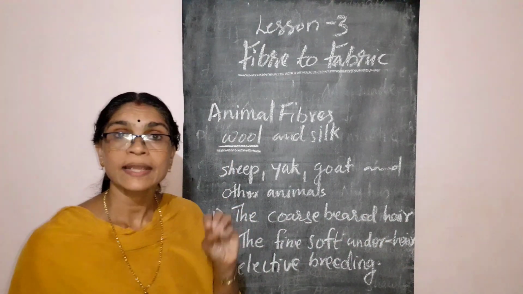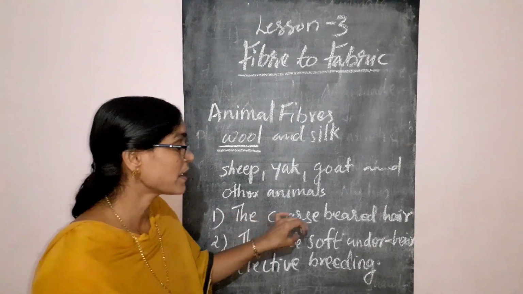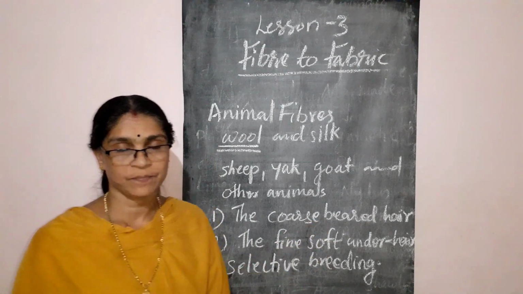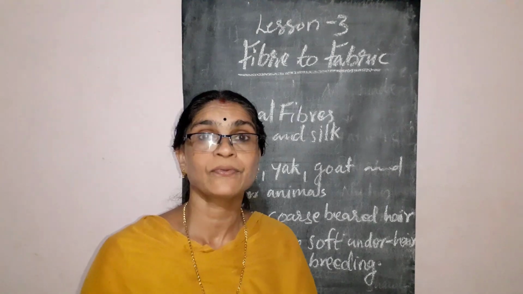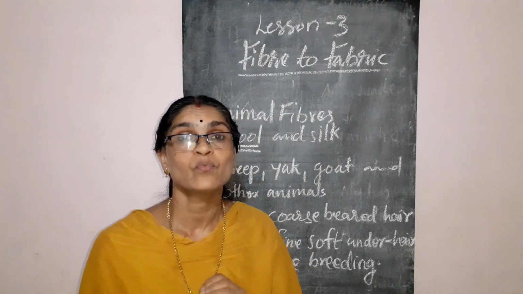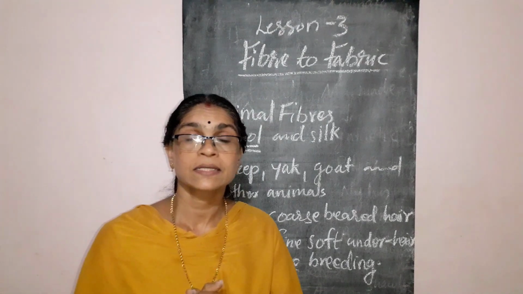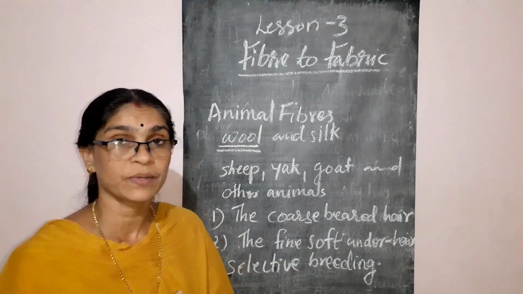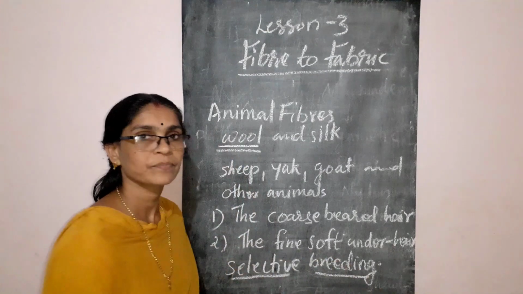Some of the woolen items are mainly made from the fine fibers which are obtained from special breeds of sheep. So farmers are selecting such breeds for obtaining this fine wool. That selection of parents for obtaining the special characteristics in their offspring is called selective breeding. Okay?